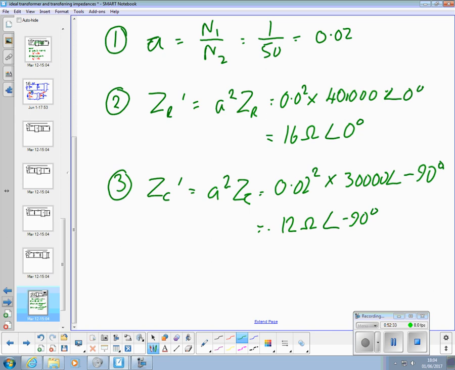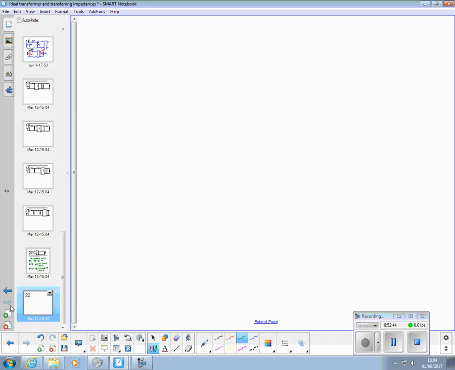Okay. All happy with that so far? So what we've got now is this circuit. A 5 ohm inductor, so the angle associated with that is 90 degrees.